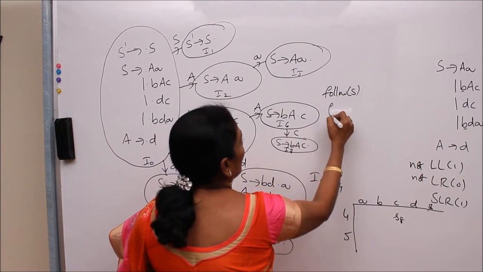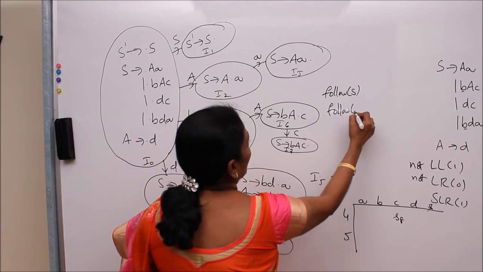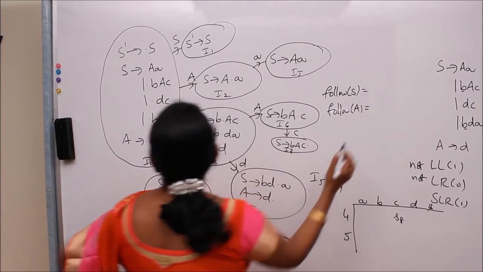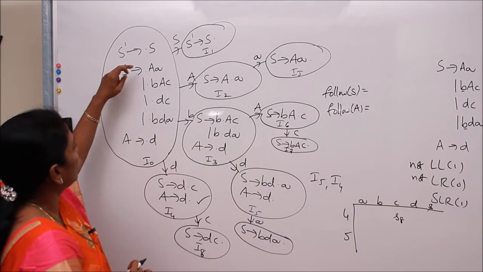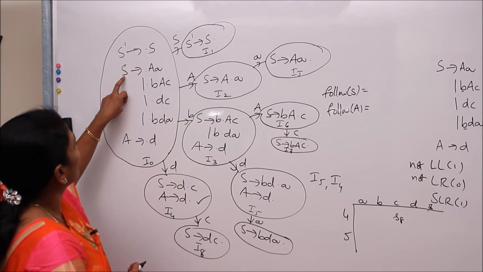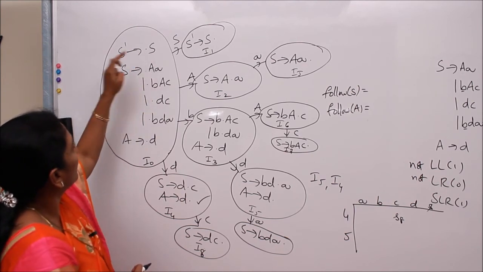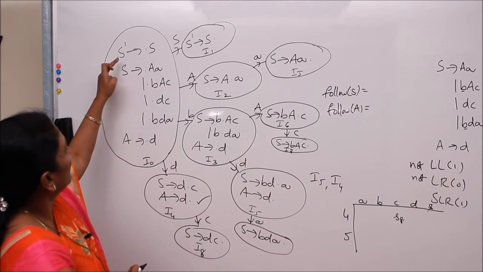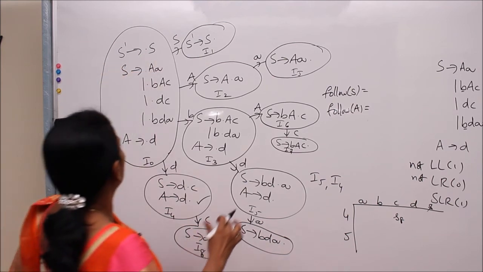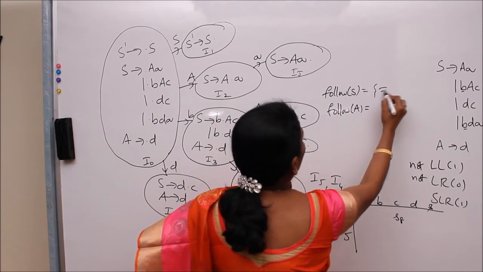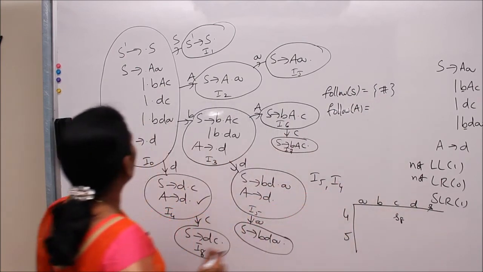Let us write down follow of S and follow of A. Follow of S is only follow of S', which is hash. Follow of A is what?